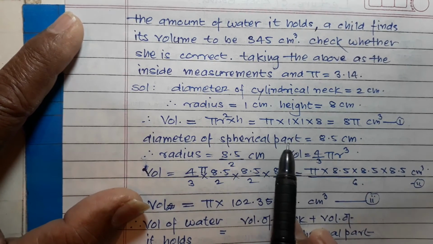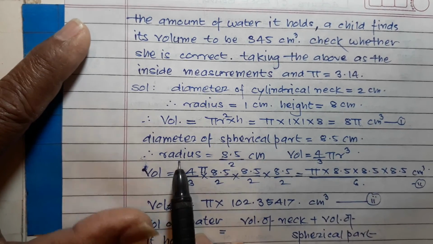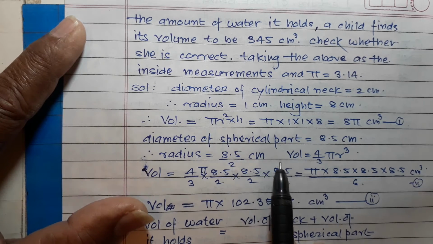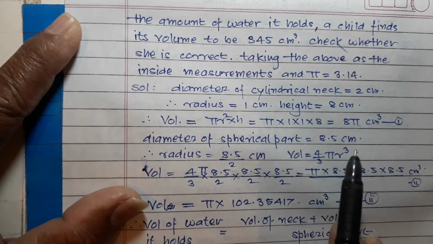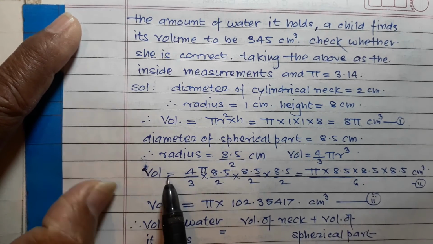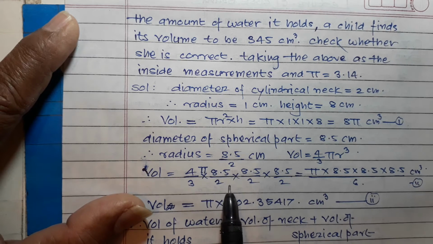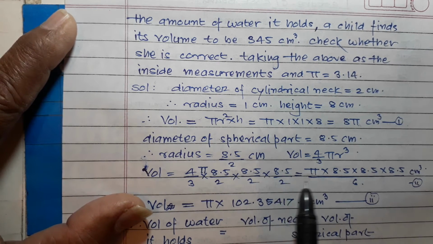Diameter of spherical part is equal to 8.5 centimeter and therefore radius is equal to 8.5 upon 2 centimeter and volume is equal to 4 upon 3 pi r cube, is equal to 4 upon 3 pi into 8.5 upon 2 into 8.5 upon 2 into 8.5 upon 2.